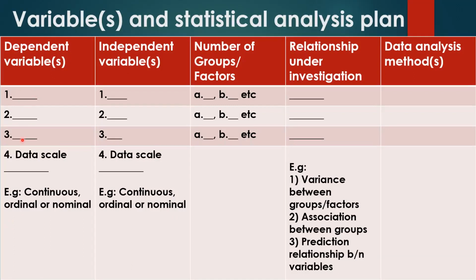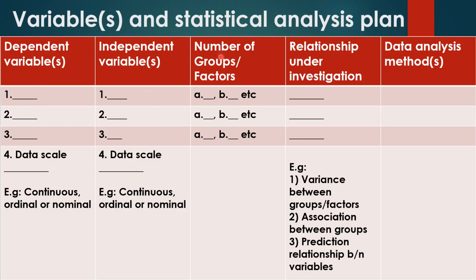Then you list them. But to be safe, it's better to formulate a research objective in which you have one variable at a time. Then you go to the independent variable, you can also have 1. It can be more.